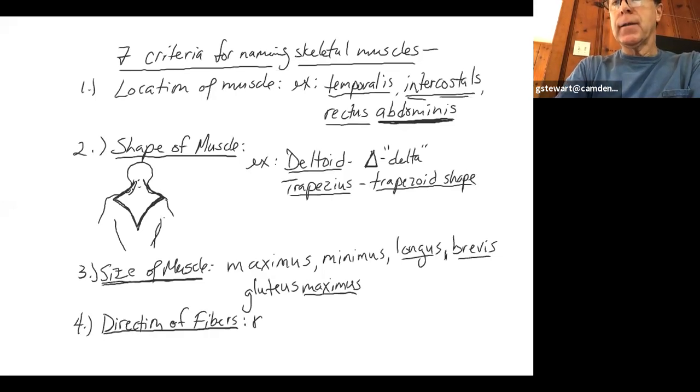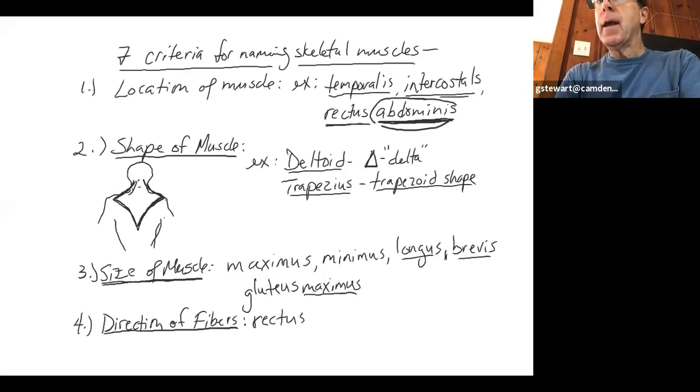This word rectus, that means straight. So the rectus abdominis muscles, we know they're located in the abdomen, and the fibers run straight, actually parallel with the midline of the body. So a word like rectus, that means straight.